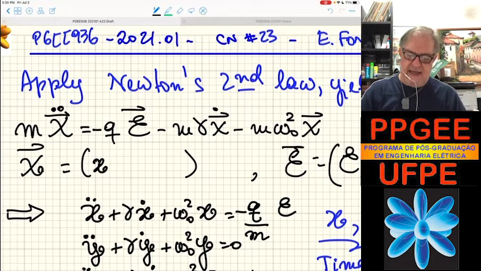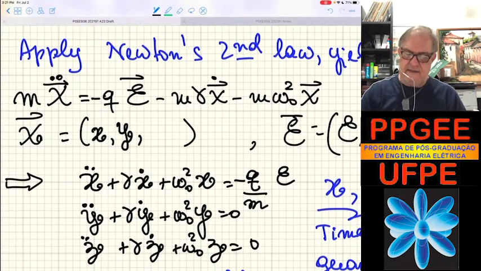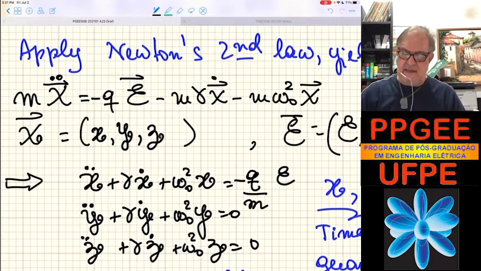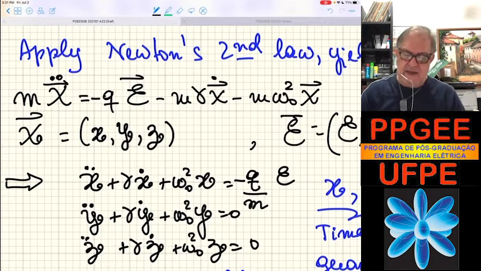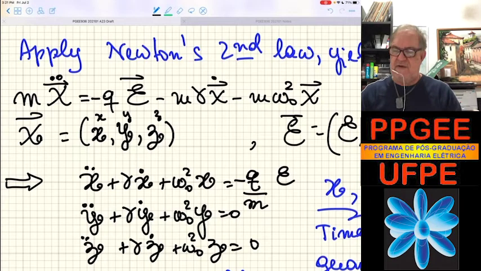So we have this X, curly like this, Y like this, and Z like this. I'm putting this rounding here just to remind you that this is a different symbol from the traditional X, Y, and Z, which are going to be used for a different regime, okay?